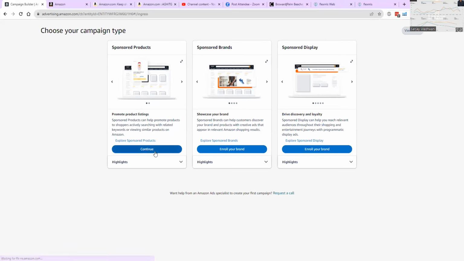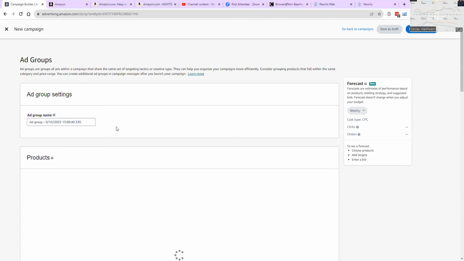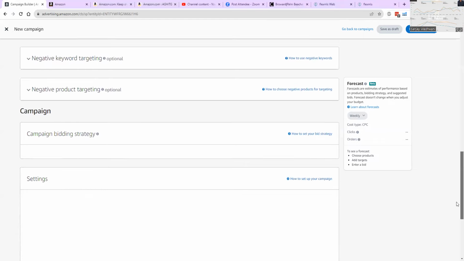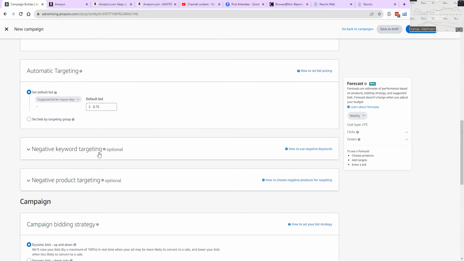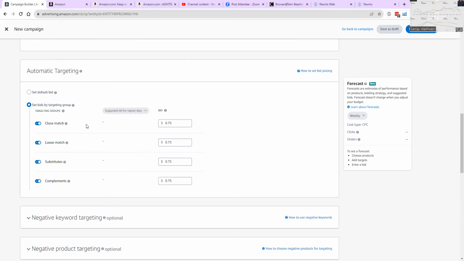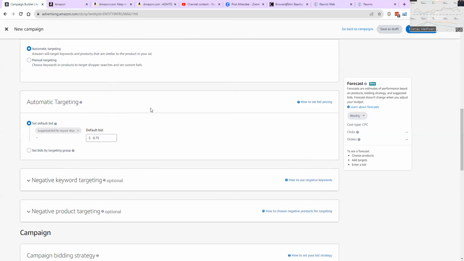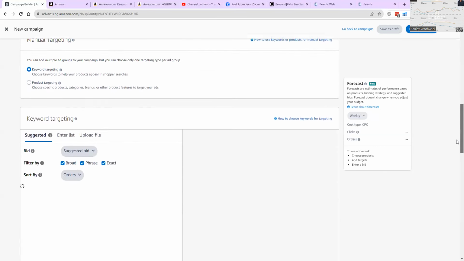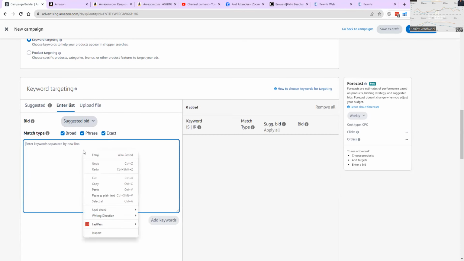I'm going to continue, scroll down, and select not automatic, manual targeting, just to get an idea what that brand name is actually worth.